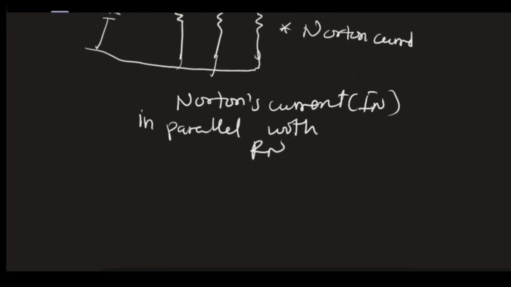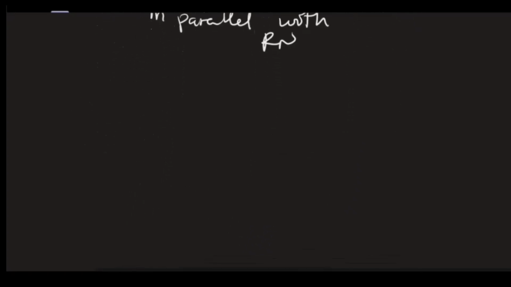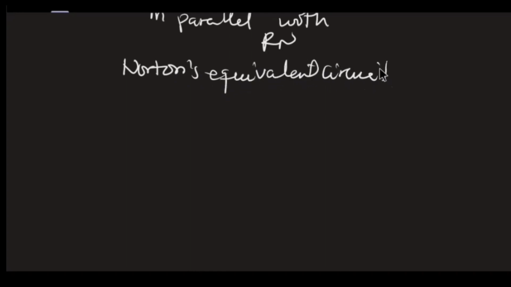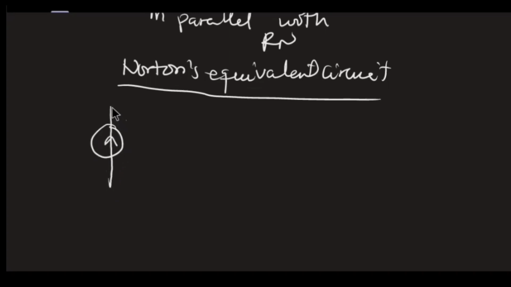So this brings us to Norton's equivalent circuit. In this circuit, Norton is saying that any linear circuit connected between two terminals can be replaced by a current source called the Norton current and Norton's resistance Rn, and they are in parallel.